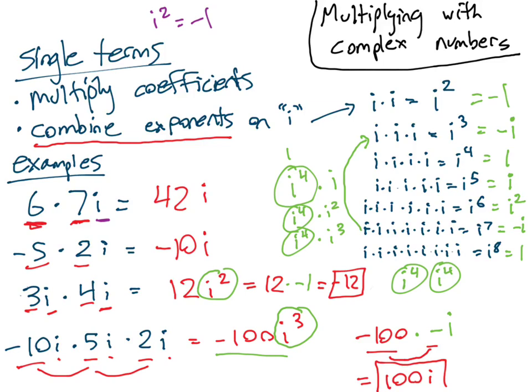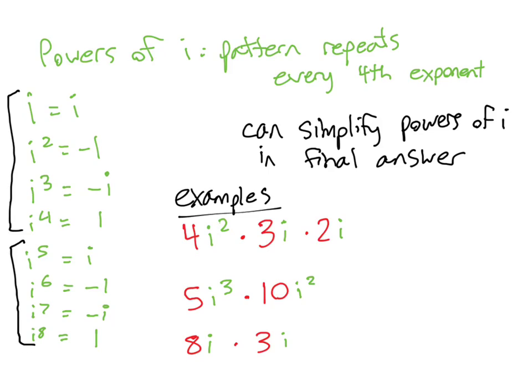So that's one of the notable properties of this imaginary unit i, is that as we raise it to higher and higher exponents, there's a repeating pattern every fourth exponent. And the pattern bounces between i to negative 1 to negative i to positive 1, and then repeats back to where we started with i.